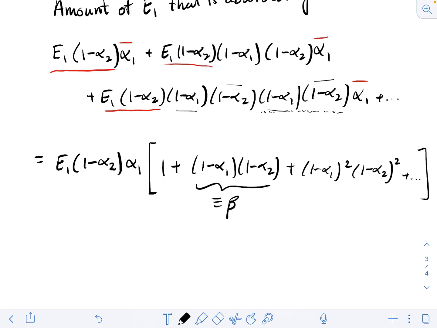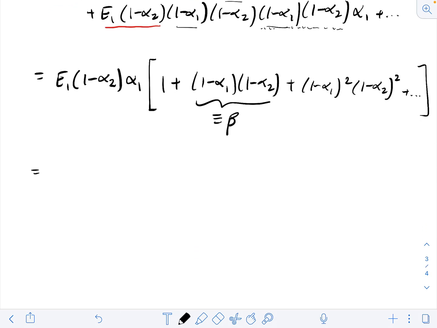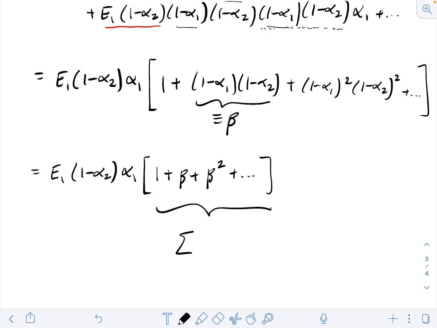So for simplicity, or to reduce how much we have to write, let's define this combination as beta. And in that case, the amount of E1 absorbed by surface 1 is going to be equal to E1, 1 minus alpha 2, alpha 1, and then it's 1 plus beta plus beta squared plus beta cubed plus beta to the fourth, and so on.